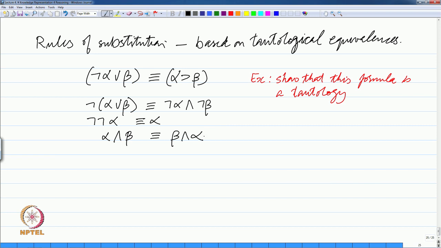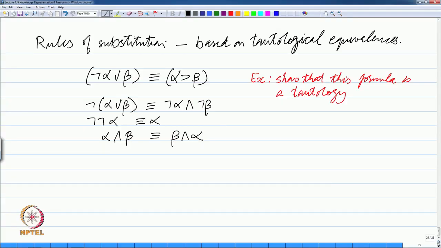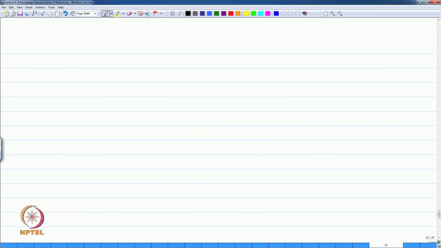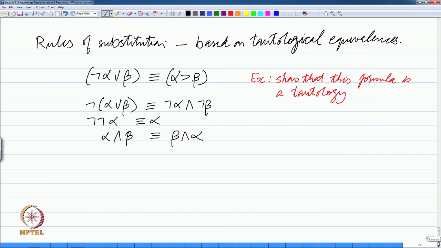Remember that the proof procedure is a syntactic procedure, it just looks at pattern matching. For example, we saw this rule earlier, the disjunctive syllogism, which says that if alpha or beta and not alpha, you can infer beta.